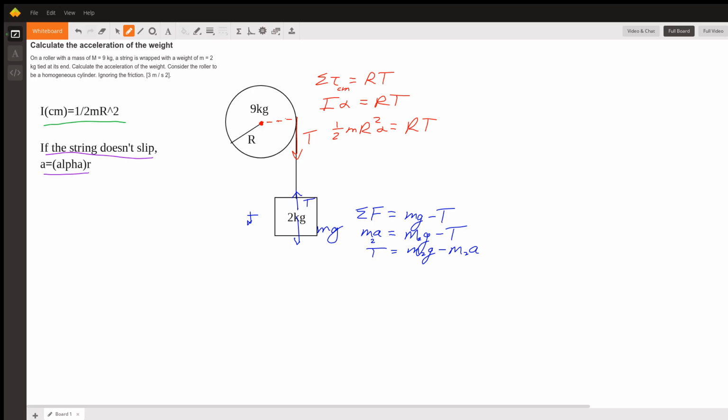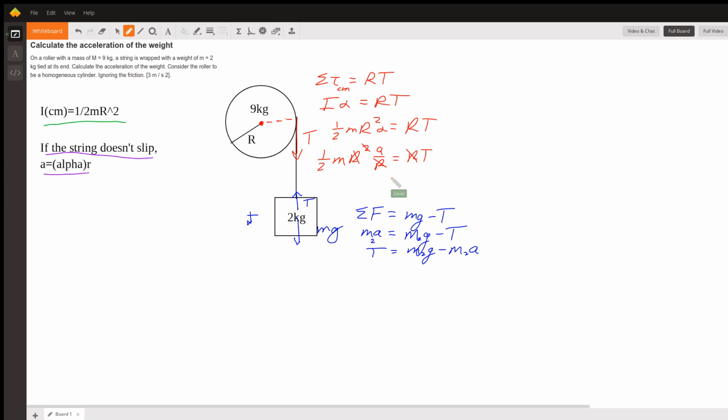And then I'm going to substitute a divided by r for alpha. So 1/2 of m r squared a over r equals RT. Canceling out the r's, since those are all the same r, the radius of the cylinder, I get this statement.